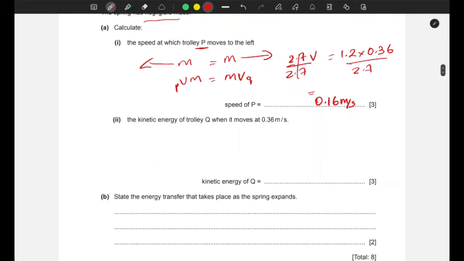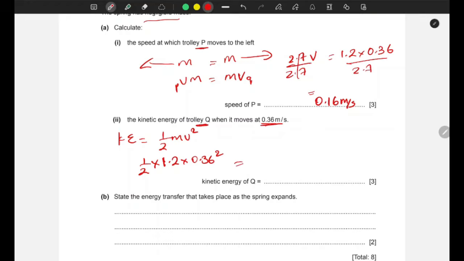The kinetic energy of trolley Q when it moves at 0.36 meters per second. Okay, so the formula for kinetic energy is half mv squared. So the mass is 1.2, so it's half times 1.2 times the velocity 0.36 squared.